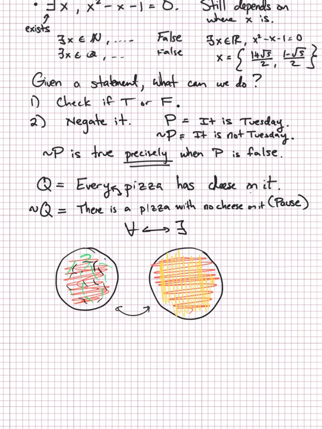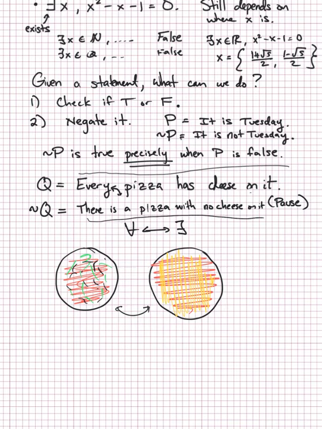You can think of this as similar to if you want to disprove a statement, you come up with one counterexample. Here's a statement that I made about all pizza. Every single pizza has cheese on it. So to disprove it, I have to prove that the negation is true, and that means I just find a single pizza with no cheese on it.